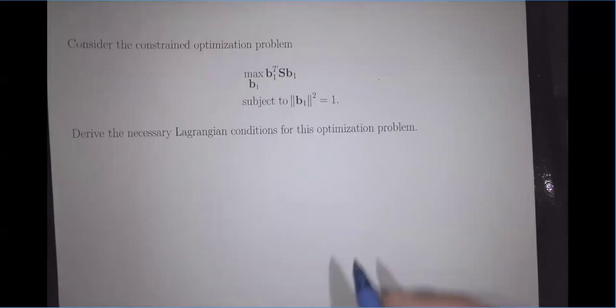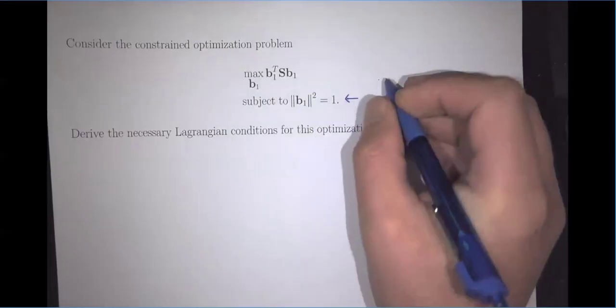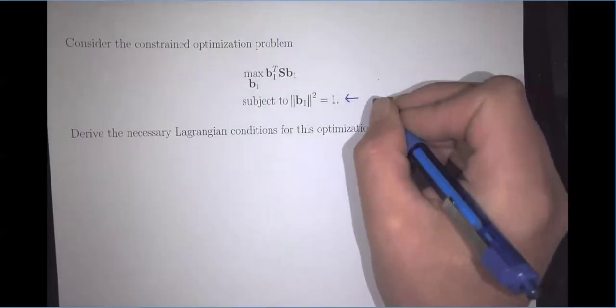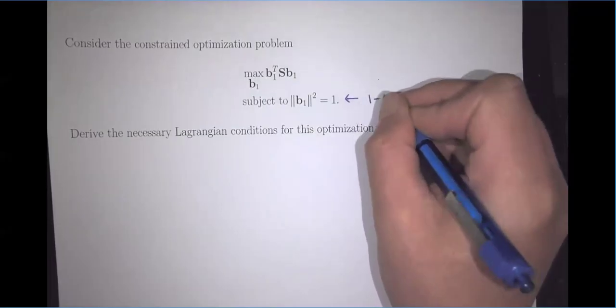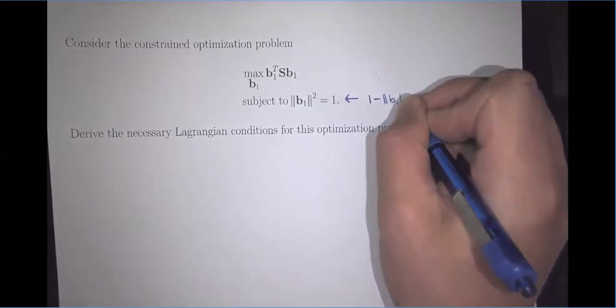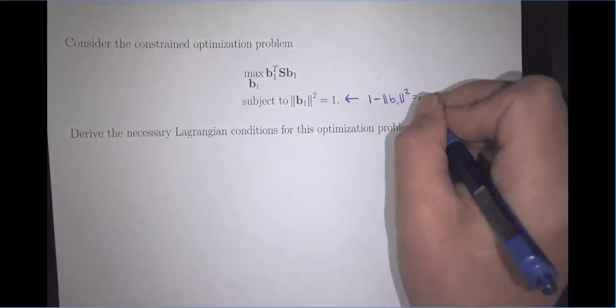So in this case, start by looking at this constraint here. This is your subject to constraint. So this is 1 minus the norm of B1 squared equals 0.